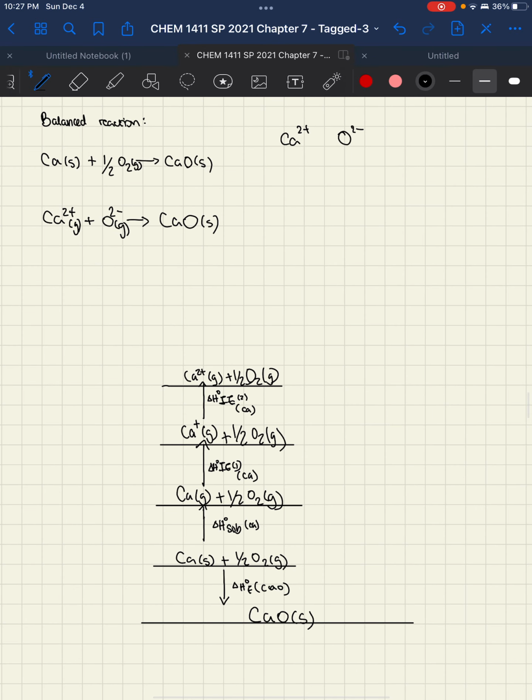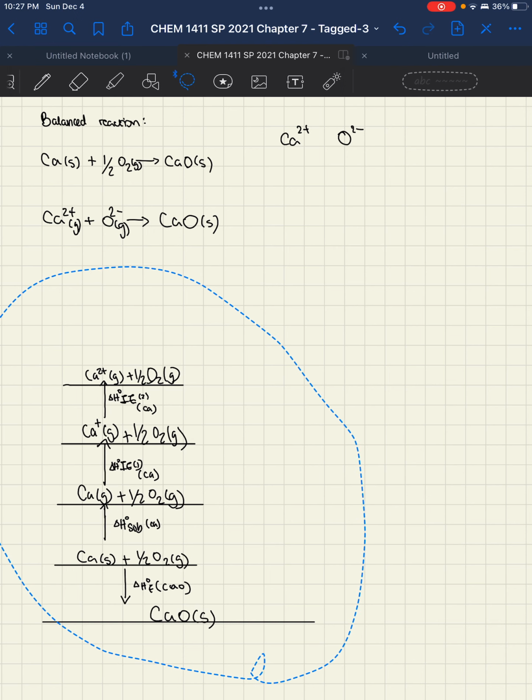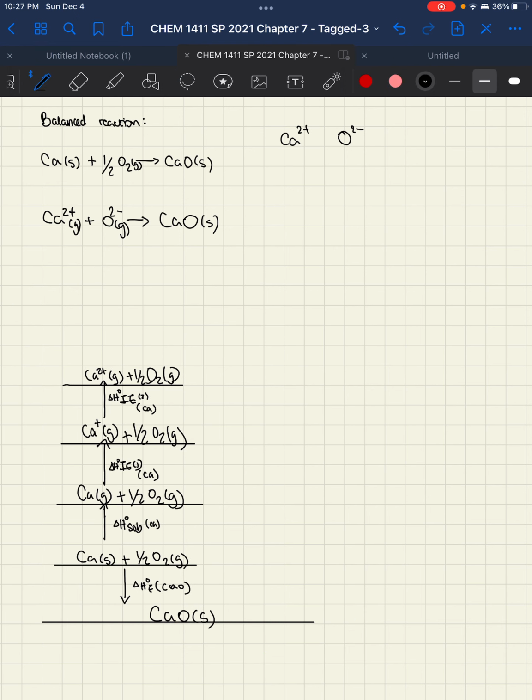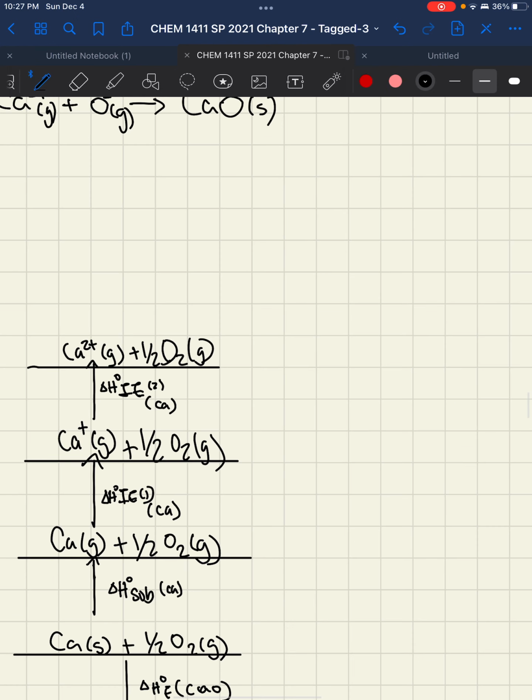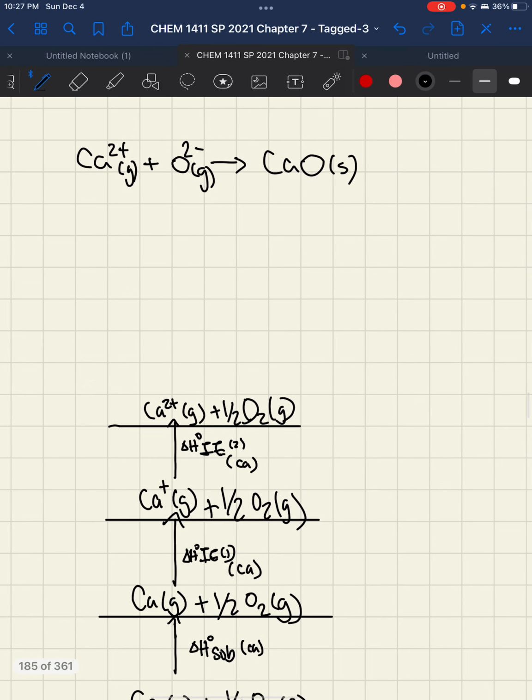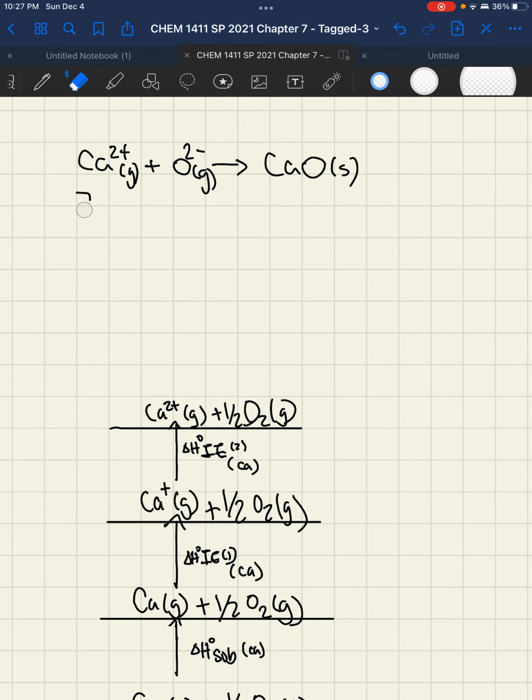Well, that's a little spoiler. I don't know if y'all can see that, but okay. So what's next is, essentially we already achieved this. So now let's do the changes for the oxygen.